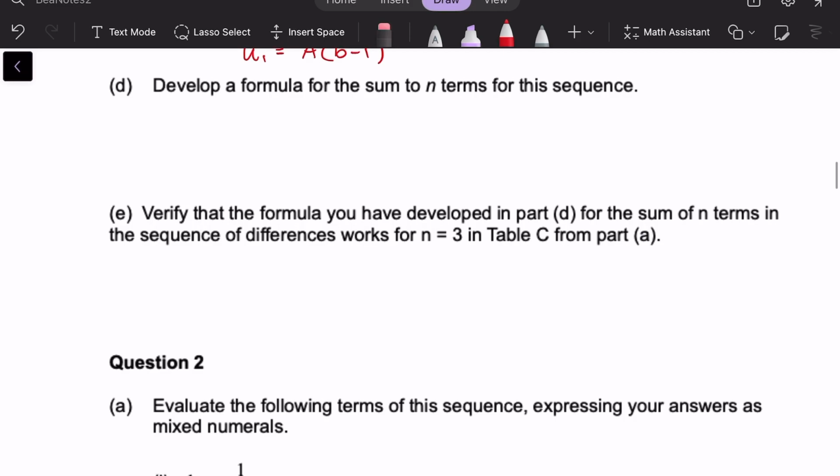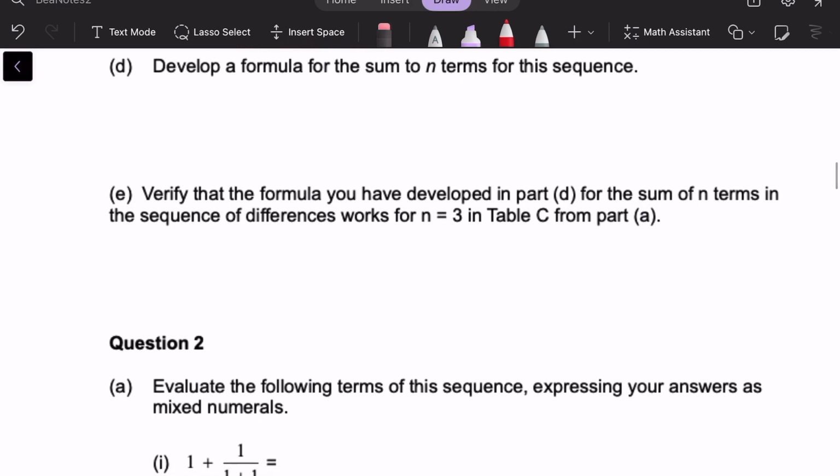Now we are asked to develop a formula for the sum to n terms for the sequence.